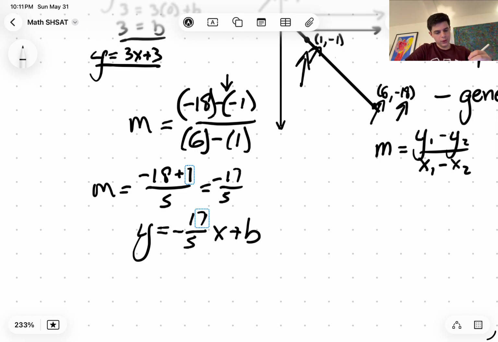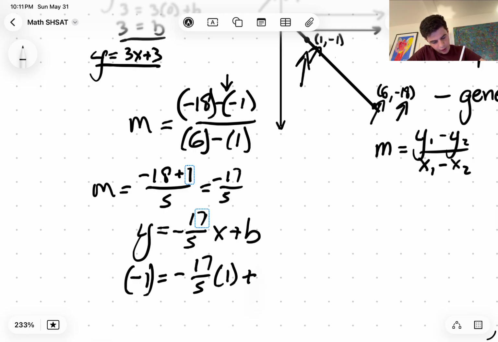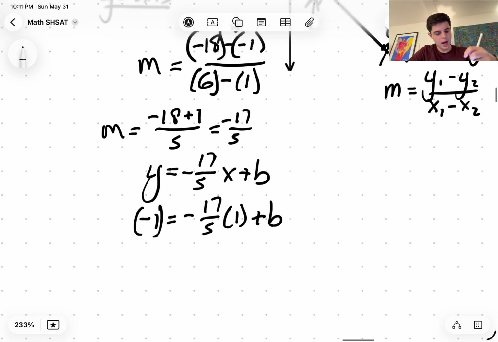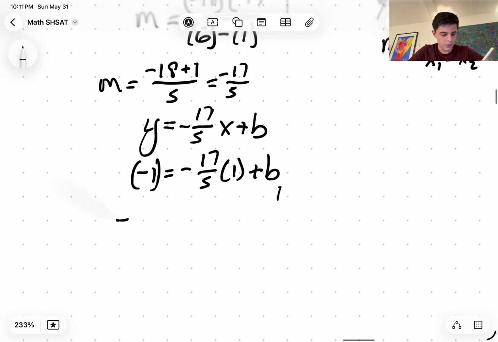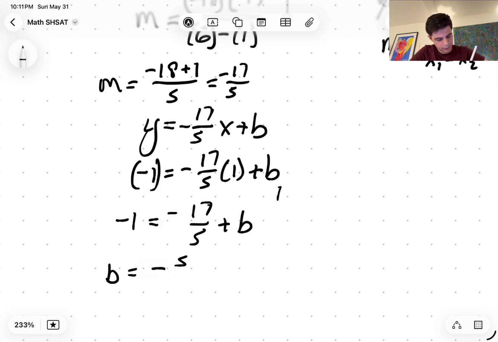So if we say negative 1 equals negative 17 fifths times 1, right? I'll put these in parentheses, plus b, then now we have one variable equation with b. So negative 1 equals negative 17 fifths plus b. b equals negative 5 fifths, right?